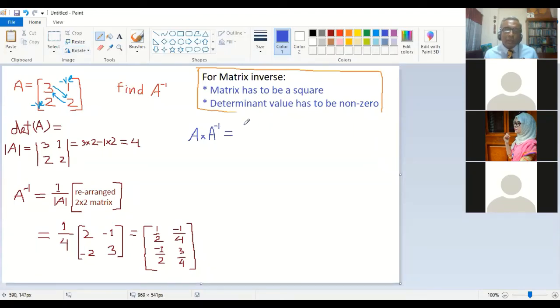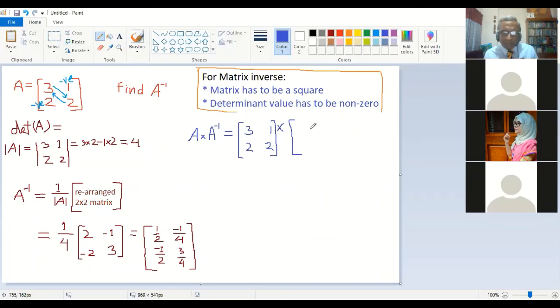Let us check what is happening here. This is our A: 3, 1, 2, 2.